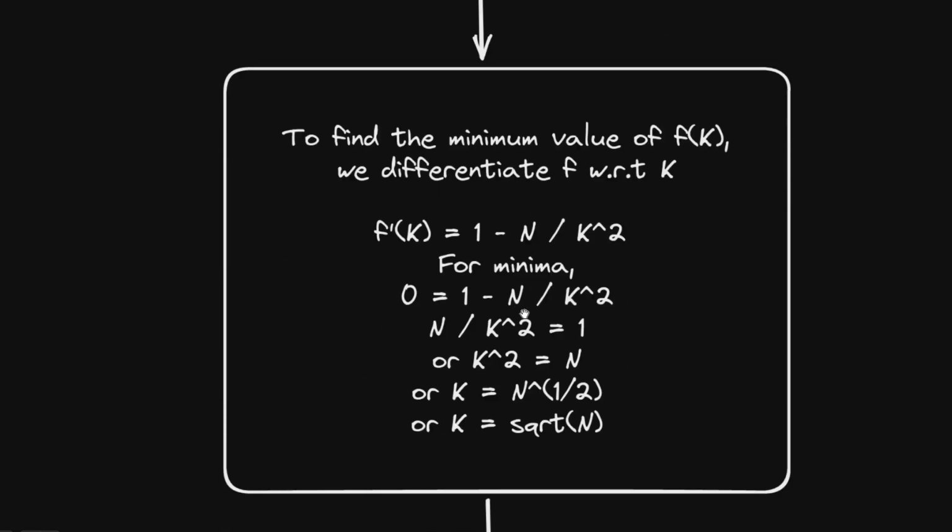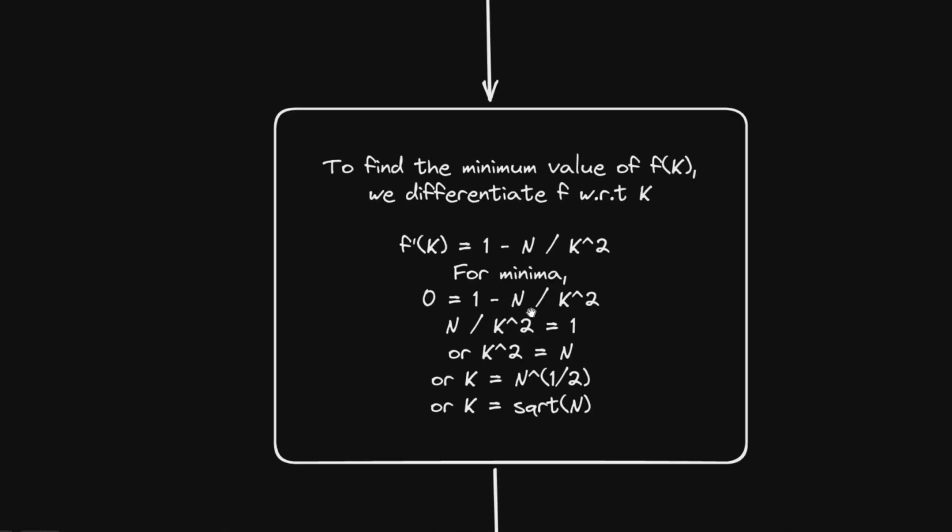Now let's see, whenever we want to find the minimum value of a function, we differentiate it with respect to the variable. So what I've done here is calculated f dash of k, the differentiation of the function with respect to k.